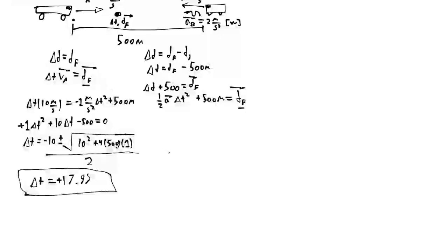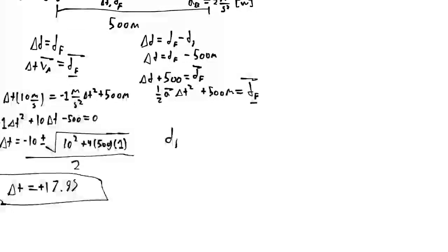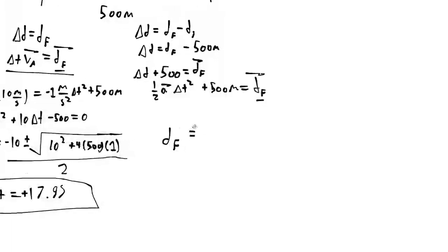So for this one, you would say df equals, we'll use this one because it's probably the easiest. So 17.9, and you'd want to use all the decimals.